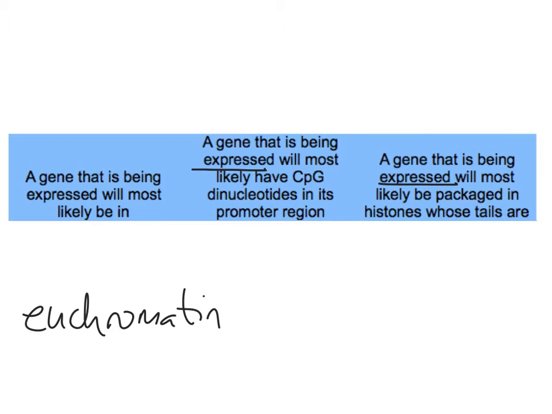So, transcribed gene. CpG dinucleotides will be methylated or not methylated. Addition of methyl marks in the promoter on the cytosines prevents transcription factors from binding and starting transcription.